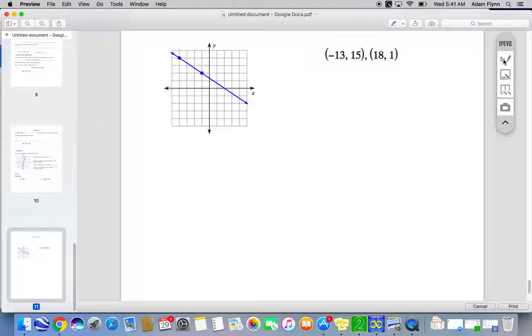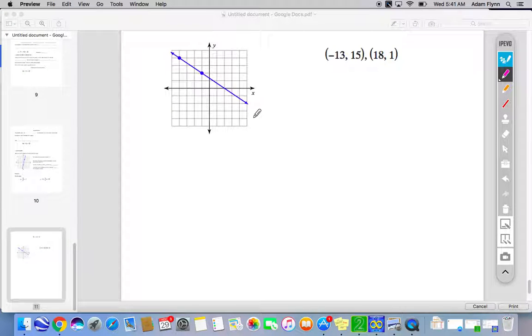Okay, let's take a look at these two. So, we know when we're given a graph, we need to identify 2 points. So we'll take this one right here, which would be at negative 4, positive 4.